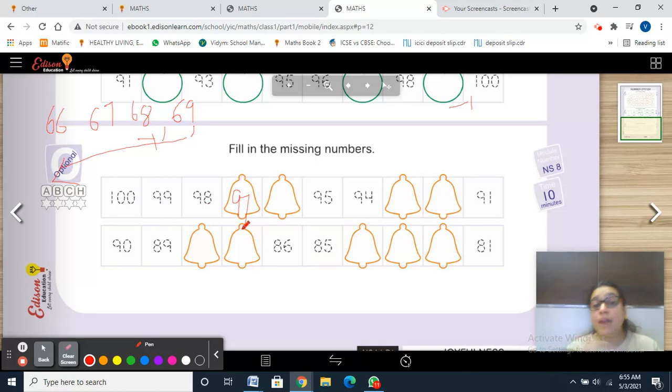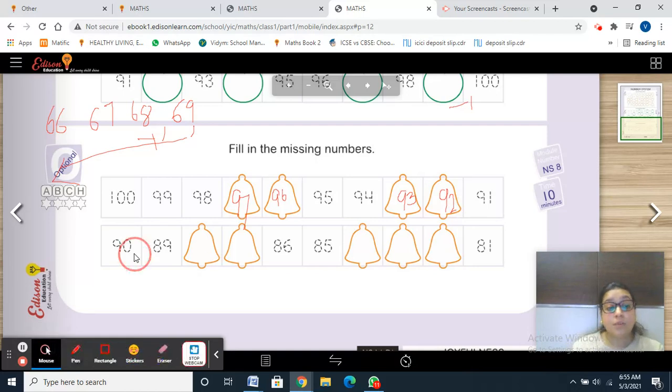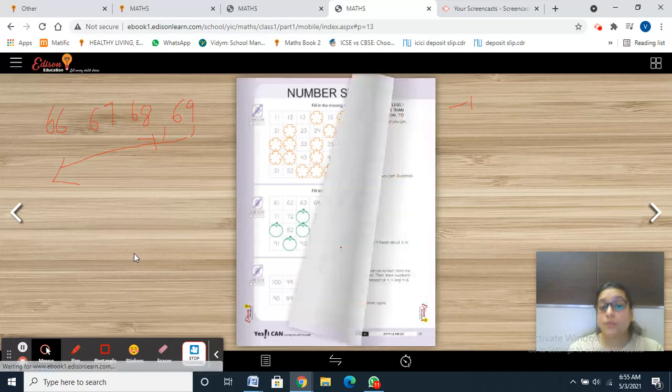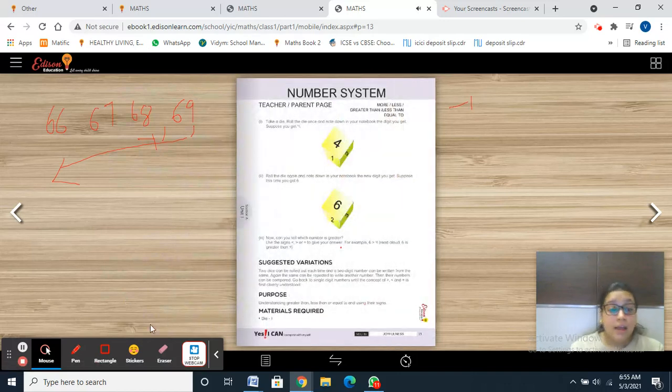So backward counting means we are subtracting 1. Then 96, then 95, then 94, then 93, then 92. So this is the backward counting. Getting this point? Yes or no? Okay. Then the greater than and less than.